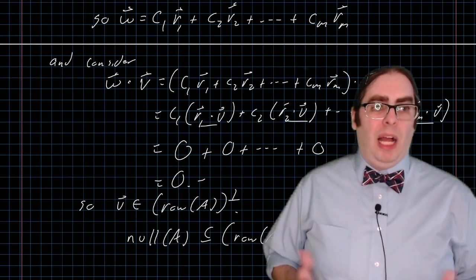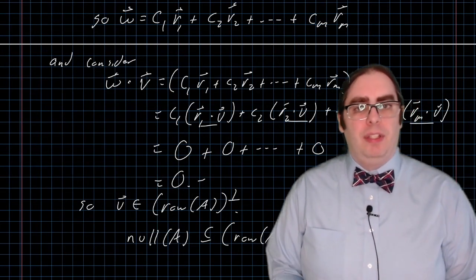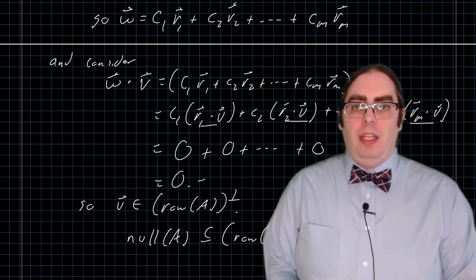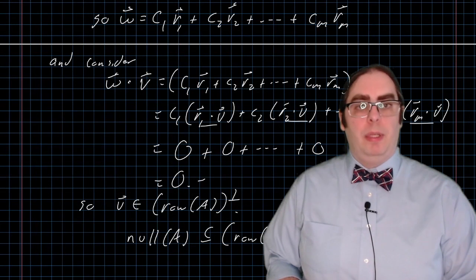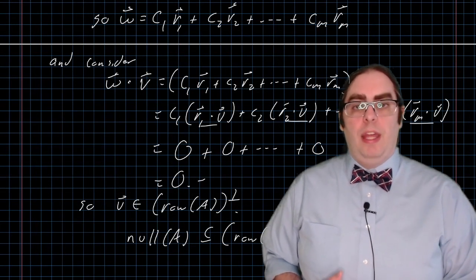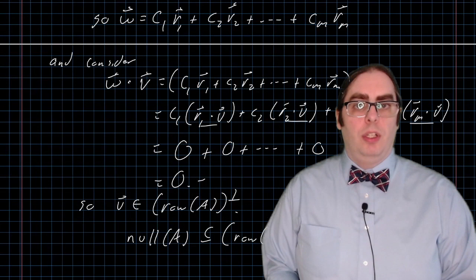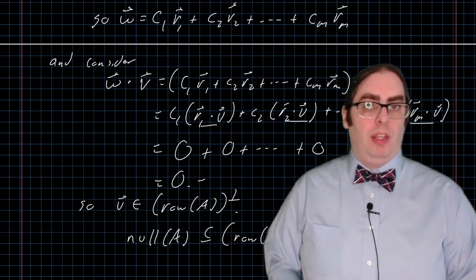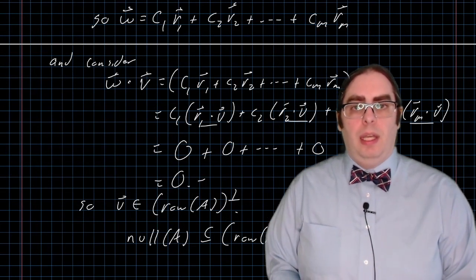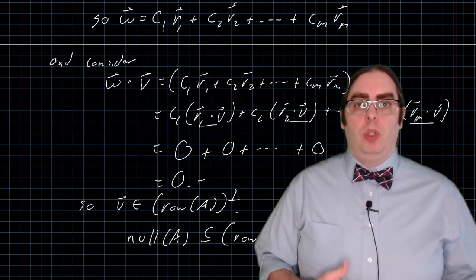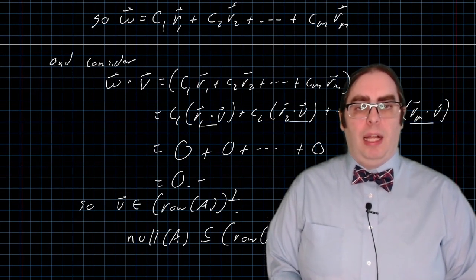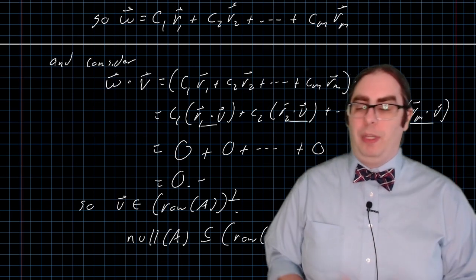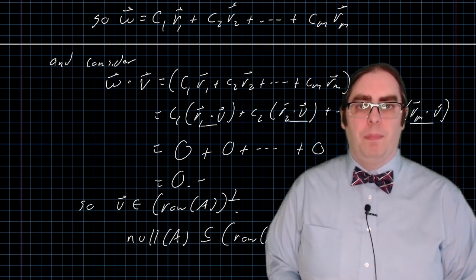Or a more direct route that I didn't think of until I was talking through this: if v is in the orthogonal complement of the row space, then v dot each row vector must be 0 because each row vector is in the row space itself. And with just that, you can show that A times v is 0, so v is in the null space, and it works the same in the other direction.